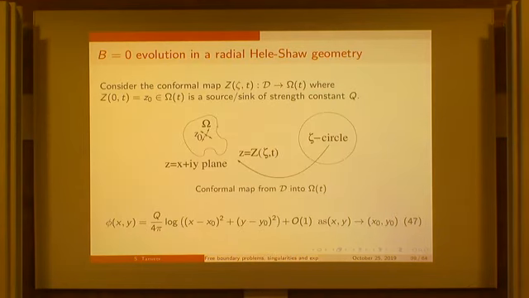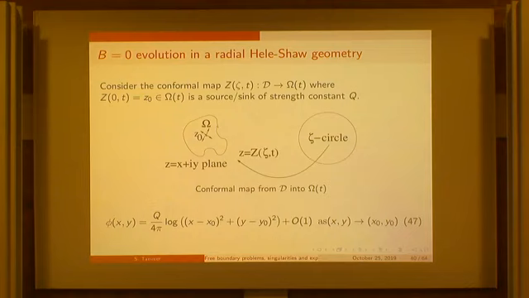Now, let's consider, just for simplicity, so what I'm saying extends to channel geometry, extends to exterior geometry, extends to multiply connected domains, so it extends in a huge way, all right?